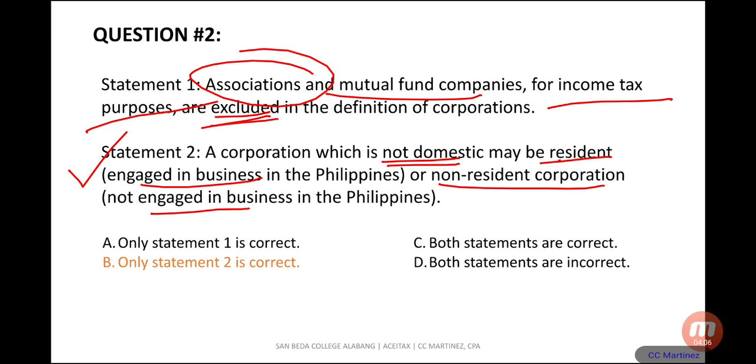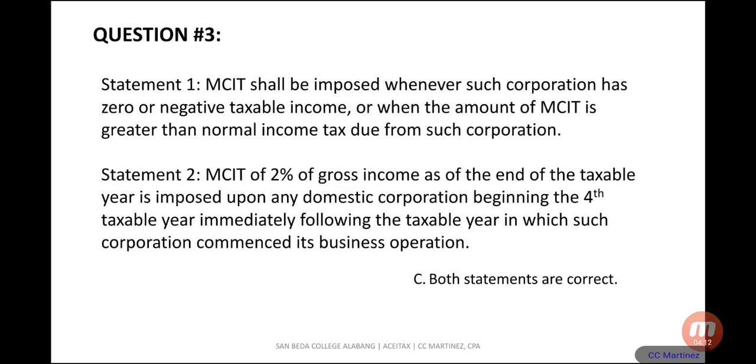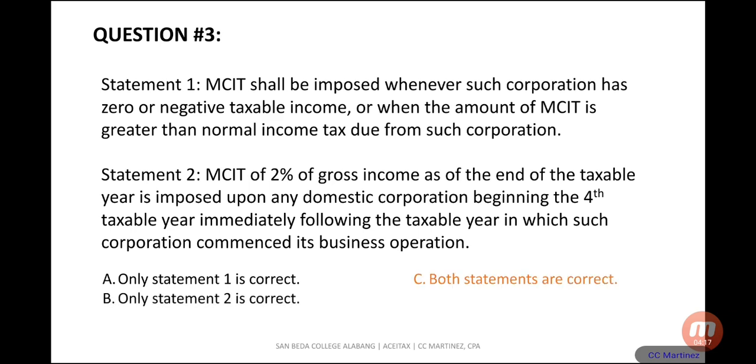Question number 3. Okay. So, statement number 1, MCIT shall be imposed whenever such corporation has zero or negative taxable income, or when the amount of MCIT is greater than the normal income tax due from such corporation.